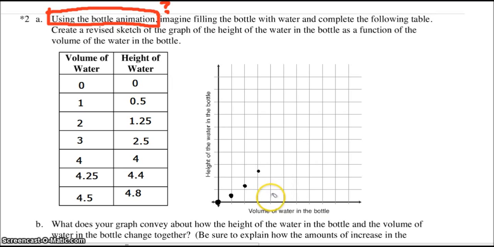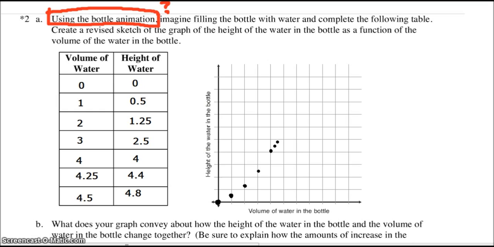When the volume is 4, the height is also 4. When the volume is 4.25, the height is 4.4. When the volume is 4.5, the height is 4.8. That's all we got.